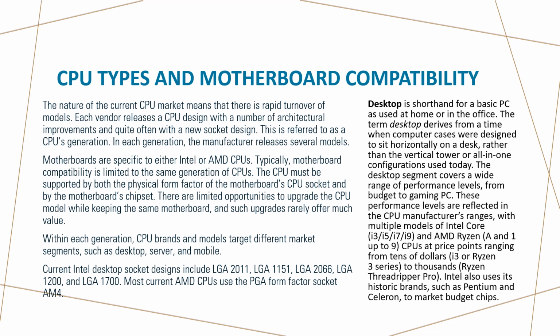The desktop segment covers a wide range of performance levels, from the budget to the gaming PC, and these performance levels are reflected in the CPU manufacturers' ranges, with multiple models of Intel Core i3, i5, i7, i9, and AMD Ryzen 3 up to 9 CPUs, at price points ranging from tens of dollars, i3 or Ryzen 3 series 2000s, up to Ryzen Threadripper Pro.